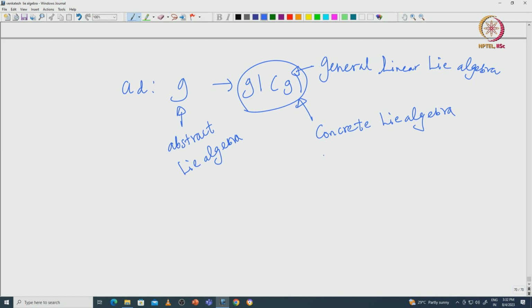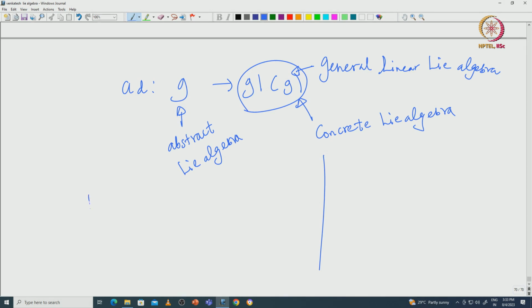But anyway, it is not true in general for any Lie algebra that G can be embedded inside some general linear Lie algebra. But here, in this particular map, which is like a God-given map for us, the adjoint map, this adjoint map embeds G modulo the kernel of the adjoint map.